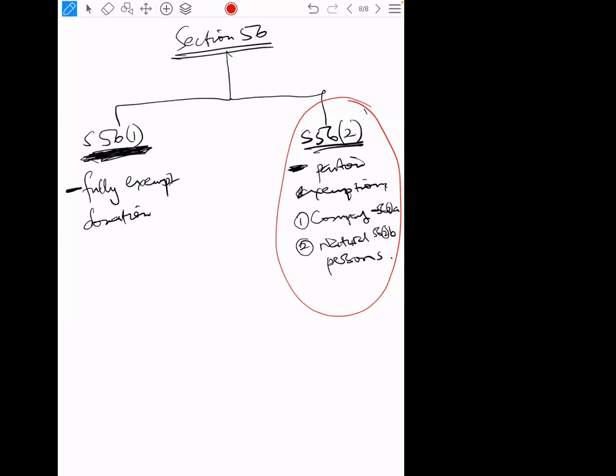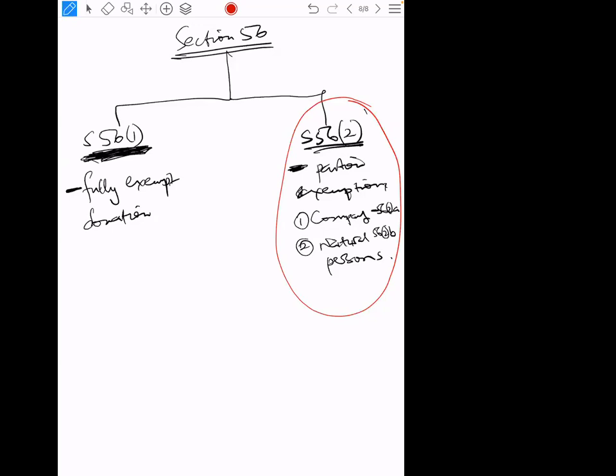Number 1, a donation to or for the benefit of the spouse of the donor under a duly registered antenuptial or postnuptial contract, or under a notarial contract entered into as contemplated in Section 21 of the Matrimonial Property Act 1984, Act number 88 of 1984. What are we highlighting there?